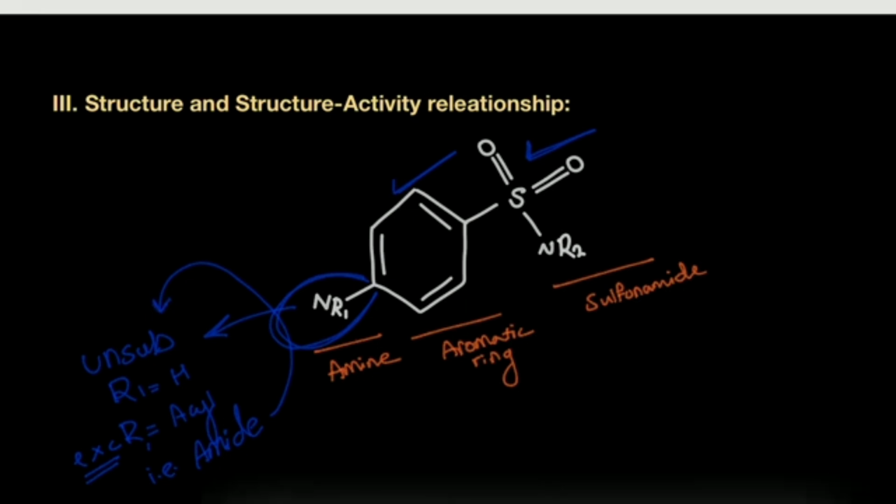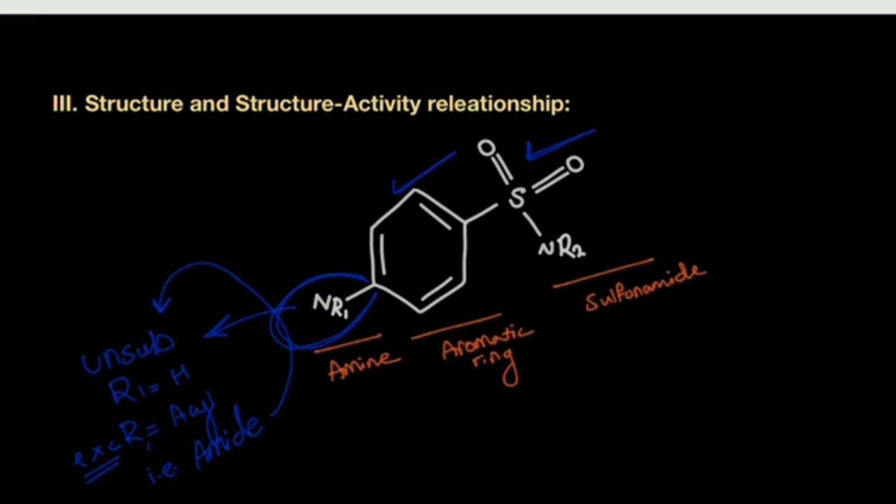So we can say that amides can be used to form sulfonamide prodrugs. So whenever you see an amide on the amino group attached to the benzene, you immediately say that this sulfonamide is a prodrug.